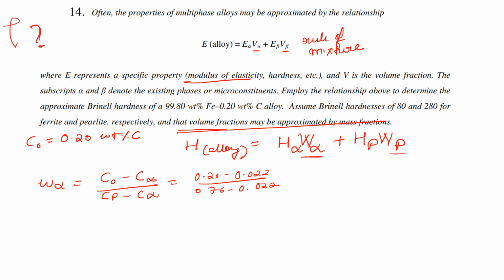Check. So this should be about 0.24. Similarly, the mass fraction of pearlite can be given by C p minus C naught divided by C p minus C alpha.